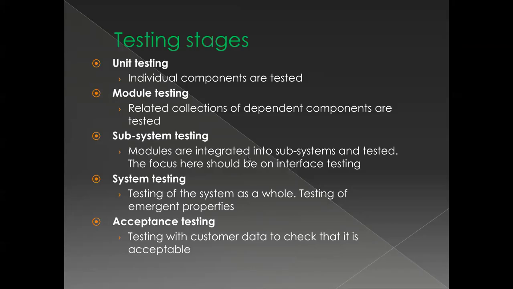Testing stages. Unit test. In the unit test, individual components are tested. Module testing. A related collection of dependent components is a module. That is, small individual units are tested. Subsystems: modules are integrated into subsystems and tested.